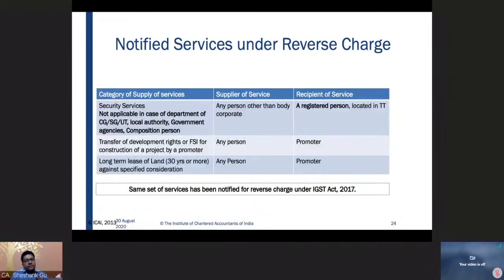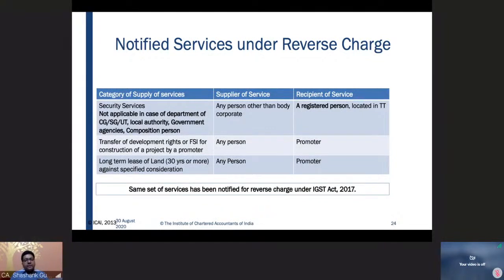Similarly, I don't give the development rights to him, but I say I can give you my land on lease. That is, for 99 years I am giving my land on lease to you. When the lease expires, the land will come back to me. In such case, long-term lease of land, that is 30 years or more, against specified consideration, so there is a consideration attached to it.